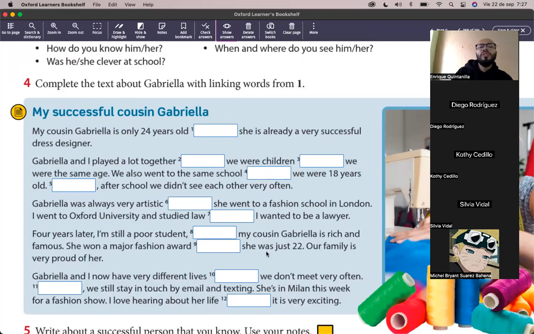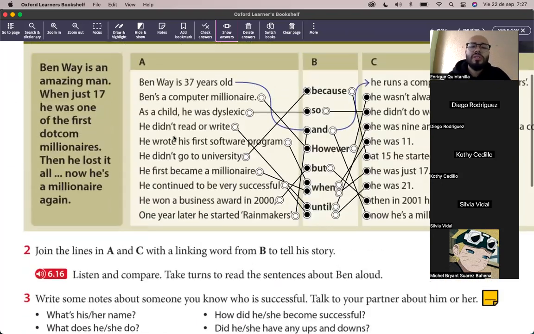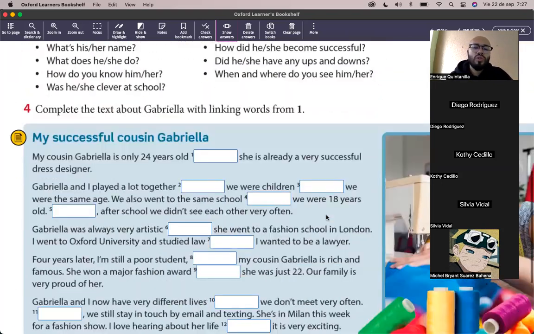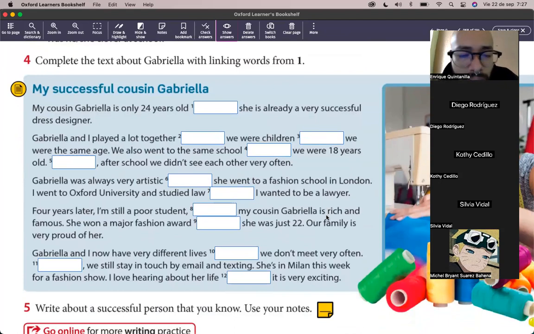¿Vale? So obviously it's missing the connector. So you have to choose the correct connector, guys. Choose the correct connector. I'll give you, it's 7:27, so 8 minutes.